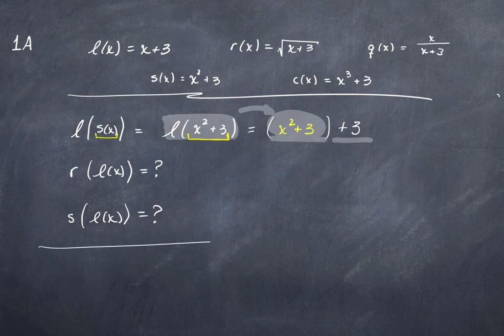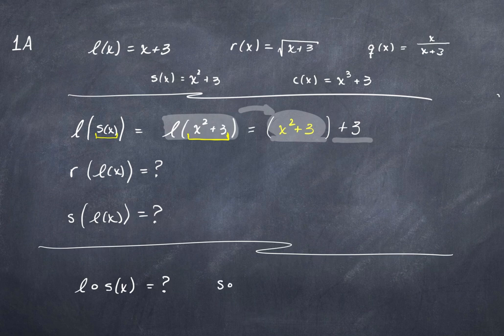Based on what we've done here, what do you think L, that's a little open circle, S of X might mean? What about S, little open circle, L of X?